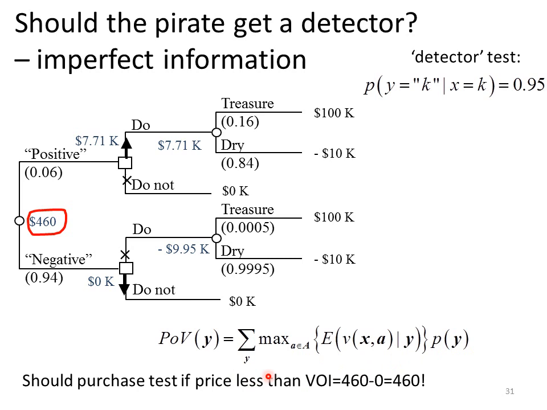That's this outer integral. In this case, the pirate will purchase this detector if the price is less than 460. So that's the value of imperfect information in this case. And this has to be conditioned on the imperfect information, so we have to understand the relation between y and the value, and then integrate over all possible outcomes y.